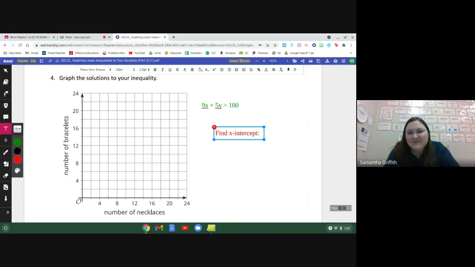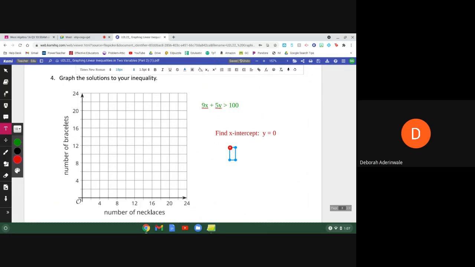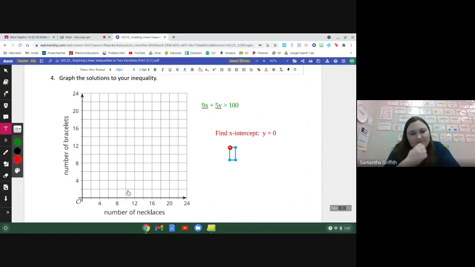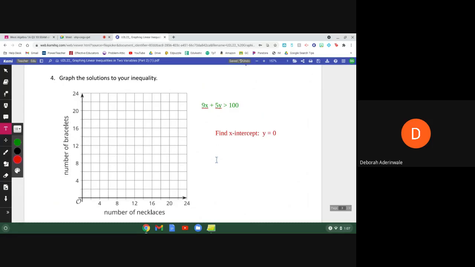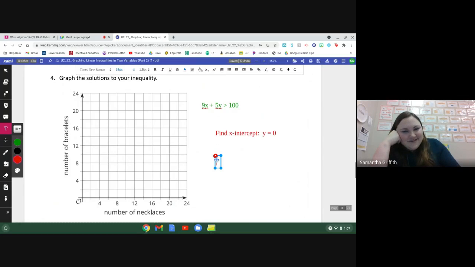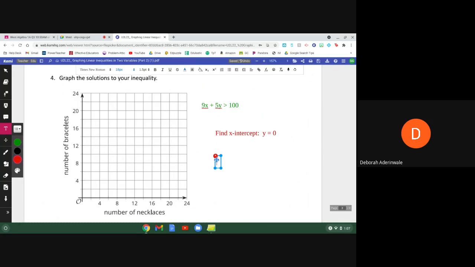So to find that x-intercept, I need to figure out what x equals when y equals 0. That would not be 0, 0. If she needs to make $100, how many necklaces would she need to sell? Okay, 20.